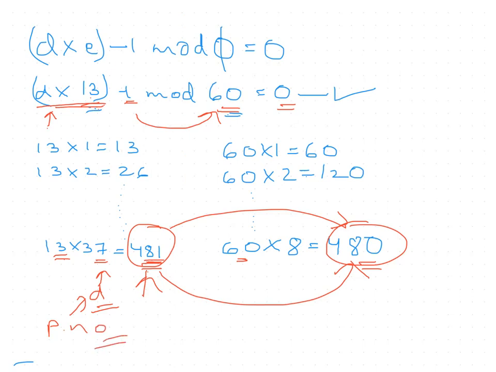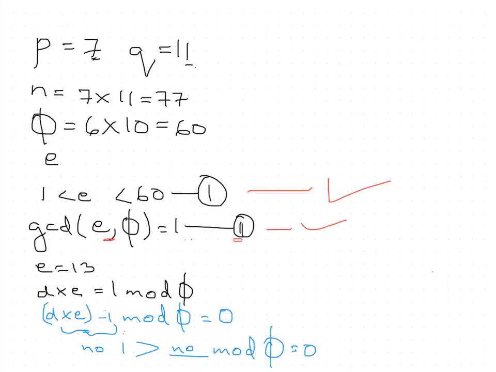Right? So now we've calculated D, which is a prime number, 37. So D is equal to 37. Now, what are these values that we have calculated? P, Q, N, phi, E, and D, right?